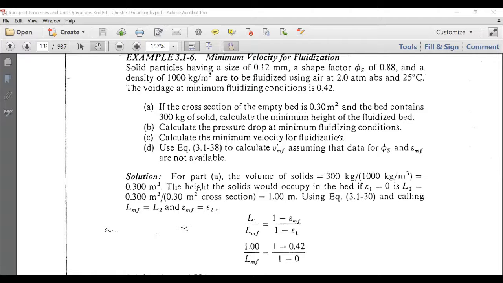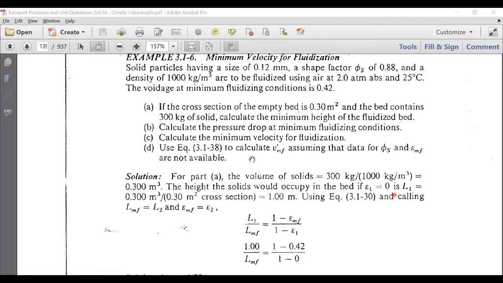So of course epsilon 1 equals 0 because there is no void. And what is the L? What is the length when the void is 0? Let's say the solid has no void, or pejal.